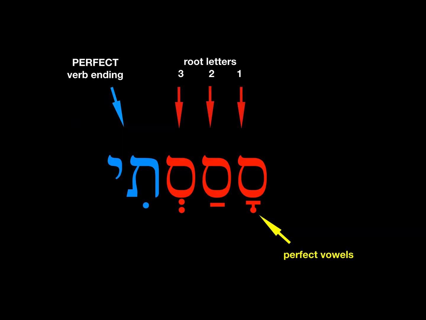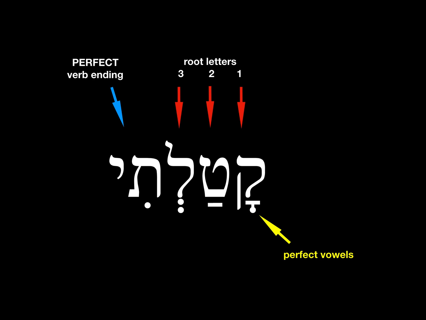So this is how it would work. For example, these vowels under the 3 root letters will tell you that this is a kal. If we put the verb that we use, katal, then these would be the vowels, katalti. The a, long a or kamets, tells you that this is kal.